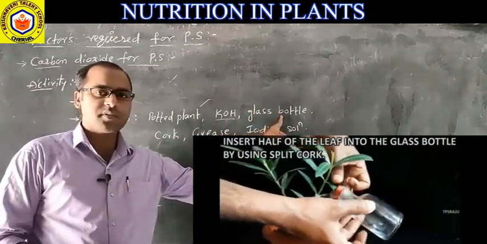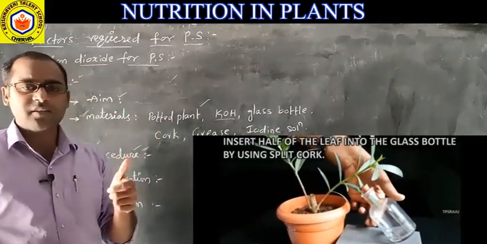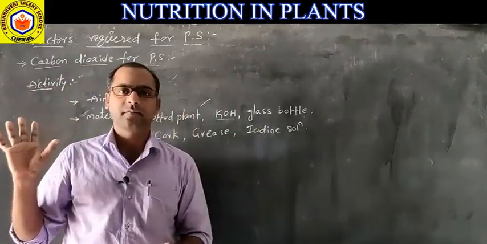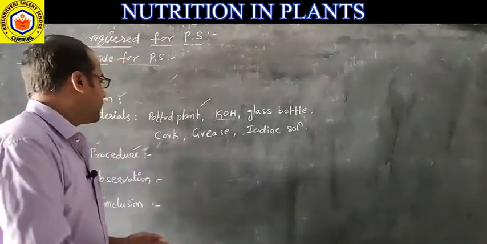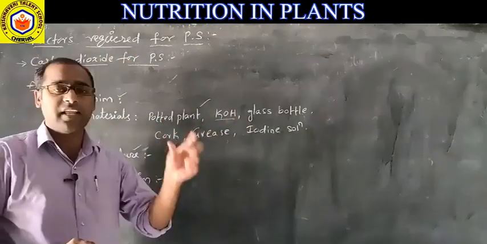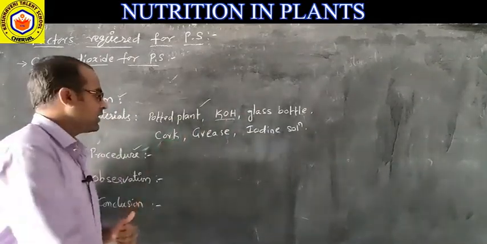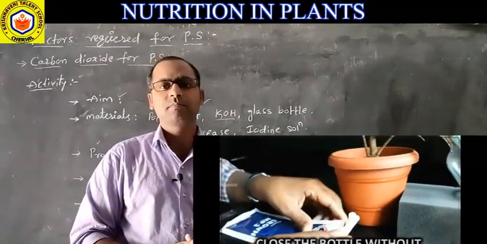And in the bottle, what is present? Potassium hydroxide is present. So why are we taking the potassium hydroxide there? To absorb the carbon dioxide present inside the bottle, right? Here we inserted a leaf into the glass bottle through the split cork. We should take care that air does not enter the bottle.